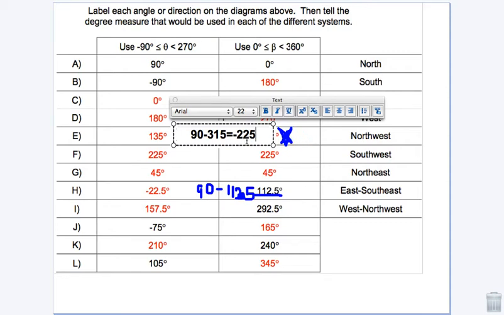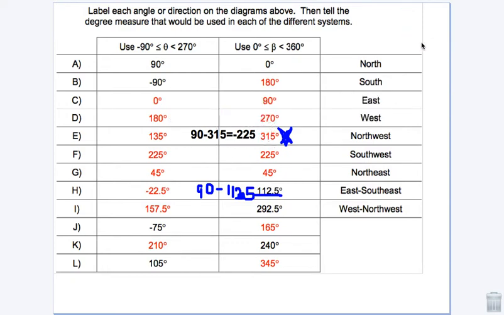Let's see. 90 plus 225, 5, 9, 10, 11, yep, 315. All right, so there we go. We finally have it right.